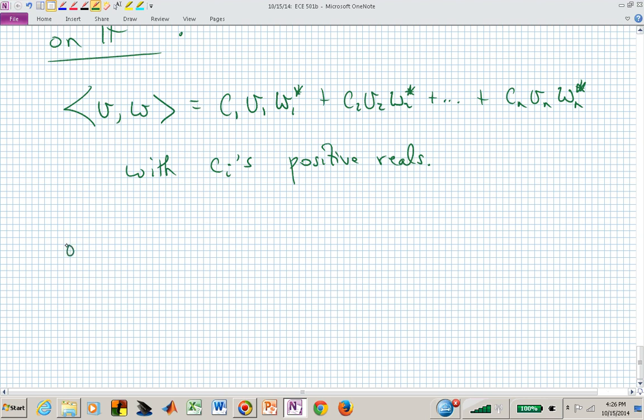We could think about having an inner product on polynomials. And here these are the mth order polynomials.